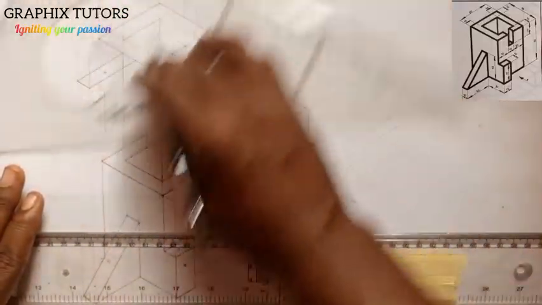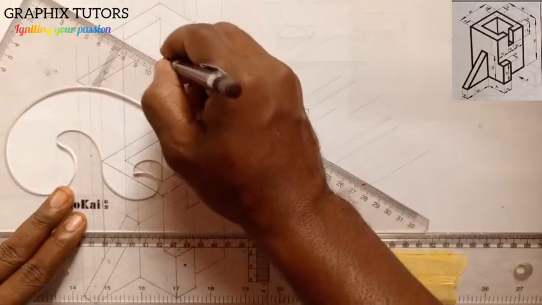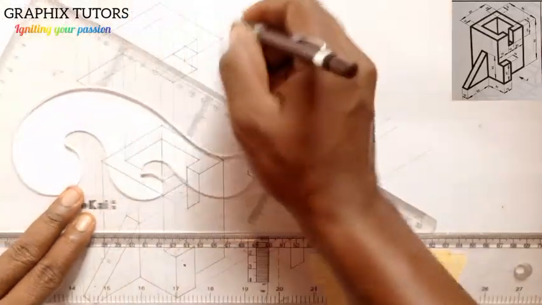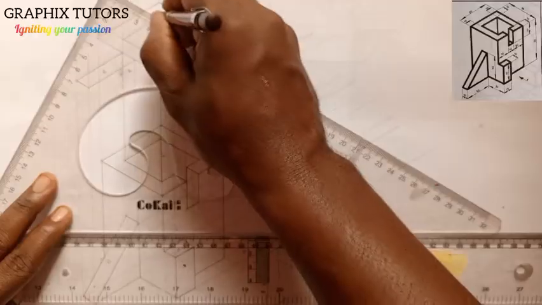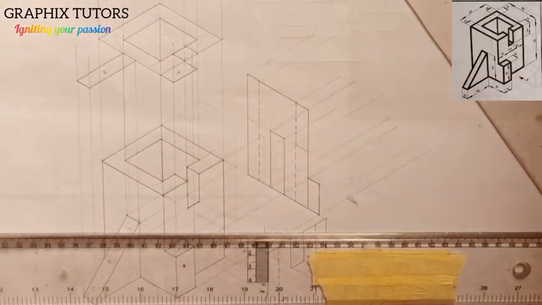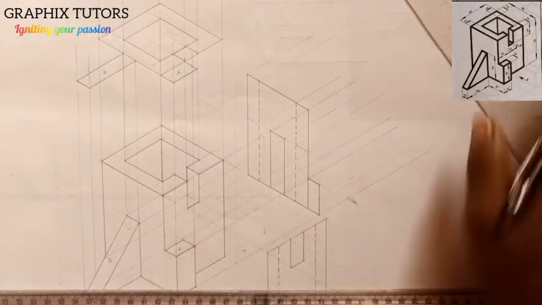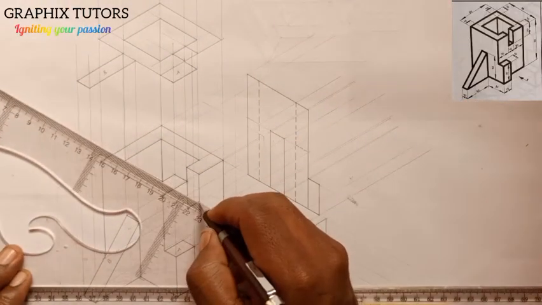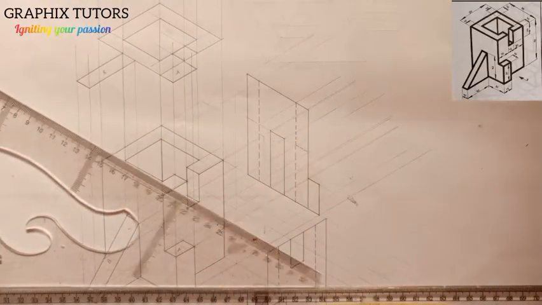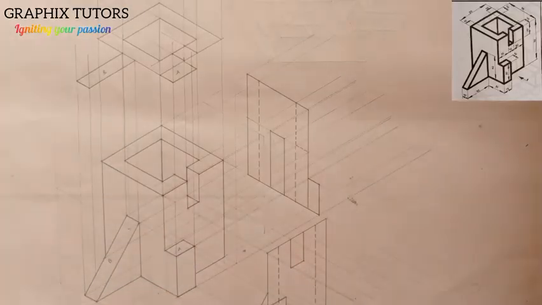So this is what we will be having when we're looking at it from the plan, right? This figure in here, we close it up. This is what we're having here, all the views here.